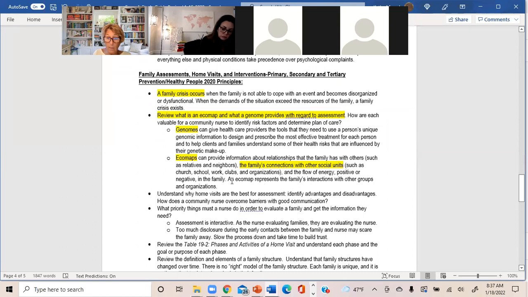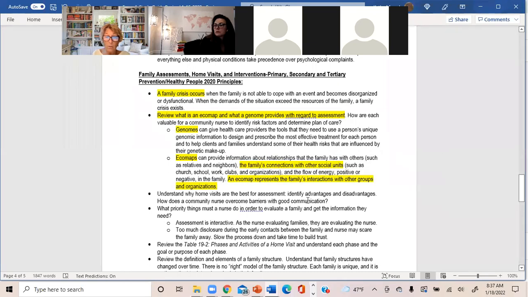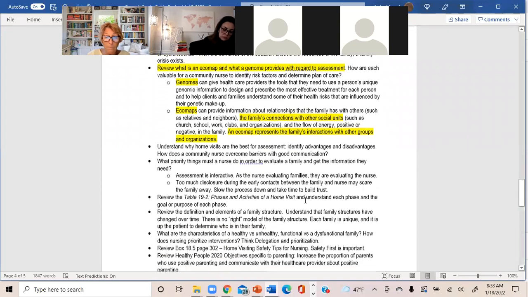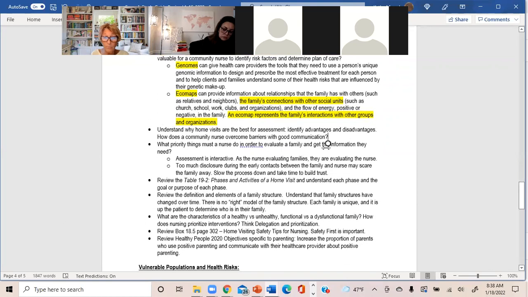An ecomap represents the family's interactions with other groups and organizations. What has happened now with the pandemic, with everybody's ecomap shrinking significantly? We talk about depression, isolation, no social contact, or limited social contact. Think of what it's done to our kids. So that's the difference between genomes and ecomaps.